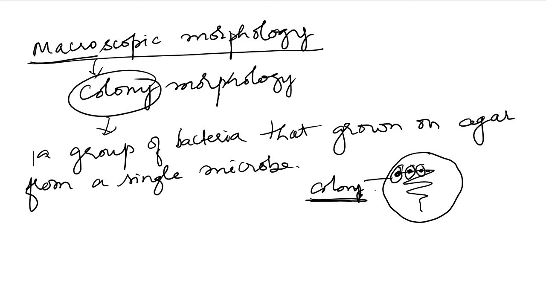Now, why is it useful? Why is it needed to study? When you are doing the diagnosis of certain bacteria, you are going to culture the specimen onto the petri plate or the agar, so that you can multiply those organisms which are present, elucidate their characteristics and put them into a specific group.